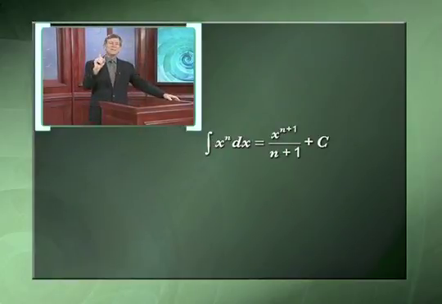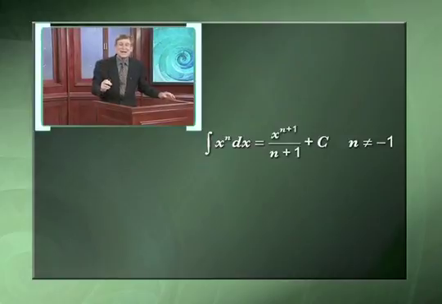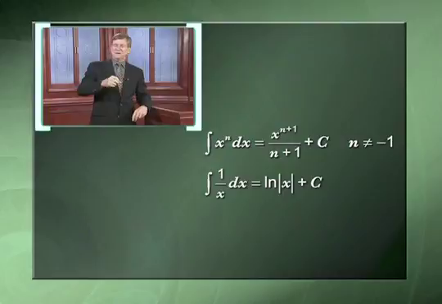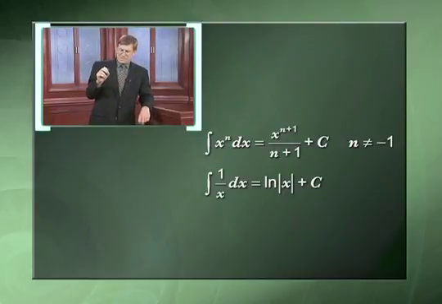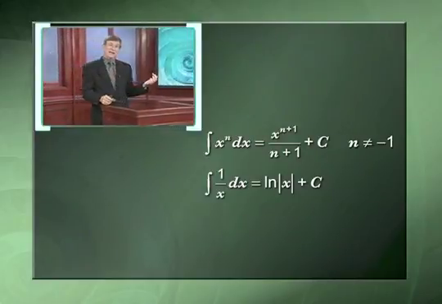And remember, in this formula n cannot be minus 1. And so what did we do with the integral of 1 over x, the missing case? Well, we defined the natural logarithmic function to fill the gap. So the antiderivative of 1 over x is log of the absolute value of x. That's to make sure that x is never negative.